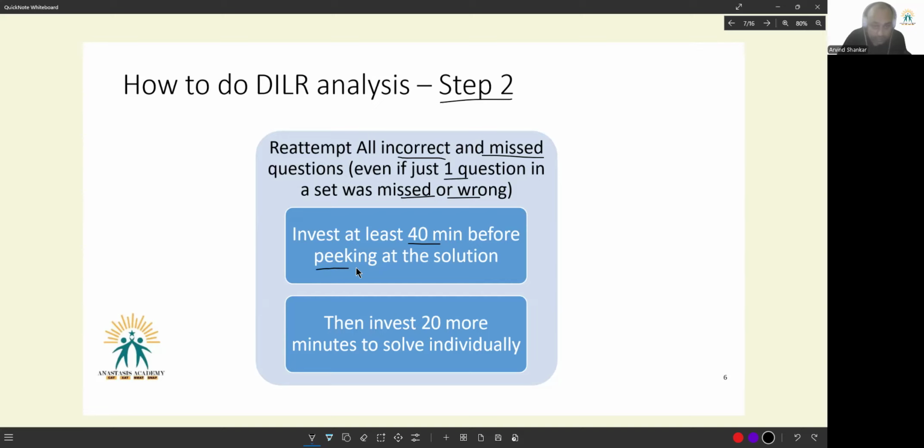And I'm not even saying as in looking at the entire solution. I'm saying peeking at the solution. Because one of the challenges with DILR and QA is the first step and the recording style. How should the data have been recorded? Very often, if you're familiar with the recording style, the set would appear to be easy.